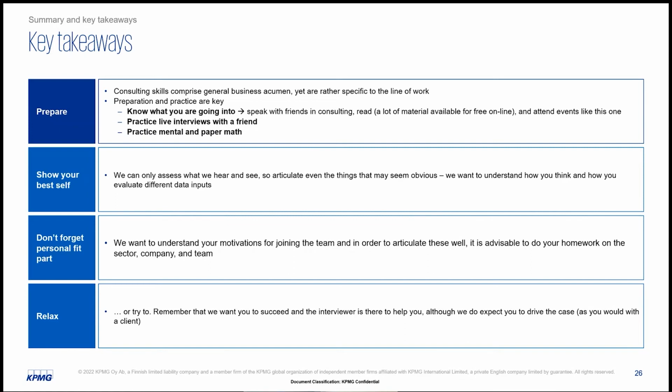And so preparing and practicing, there are 3 elements to it. First is knowing what you're going into, which this session definitely helps a lot with. You can also speak with friends in consulting. You can read, there's a lot of information online that helps as well. And as mentioned, these types of events are for sure useful.